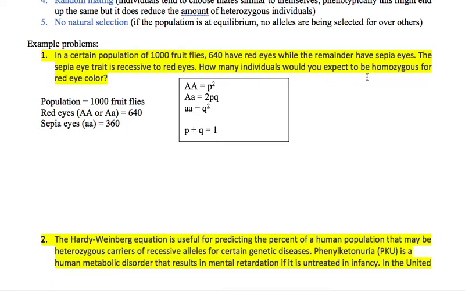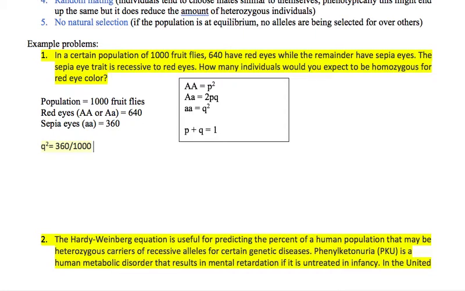So the first step is going to be figuring out what Q is, because what we want eventually is to figure out how many are going to be homozygous for the red color. So we need to figure out basically what P and Q are. So let's go ahead and do this. Q squared is equal to 360 individuals divided by our total individuals.